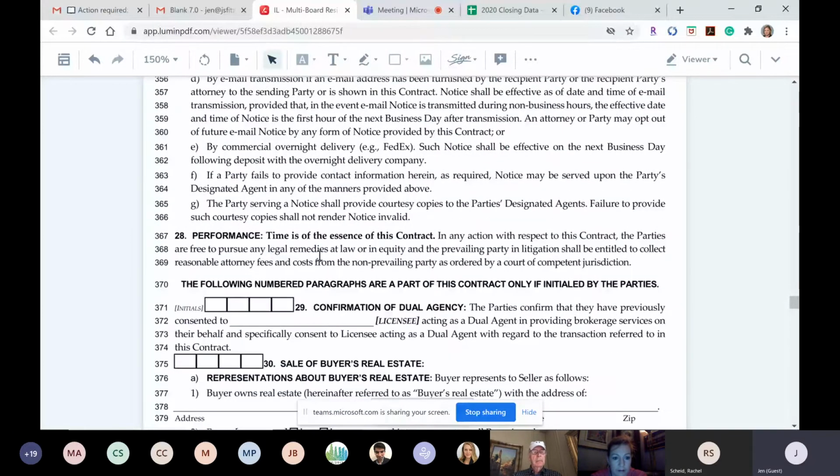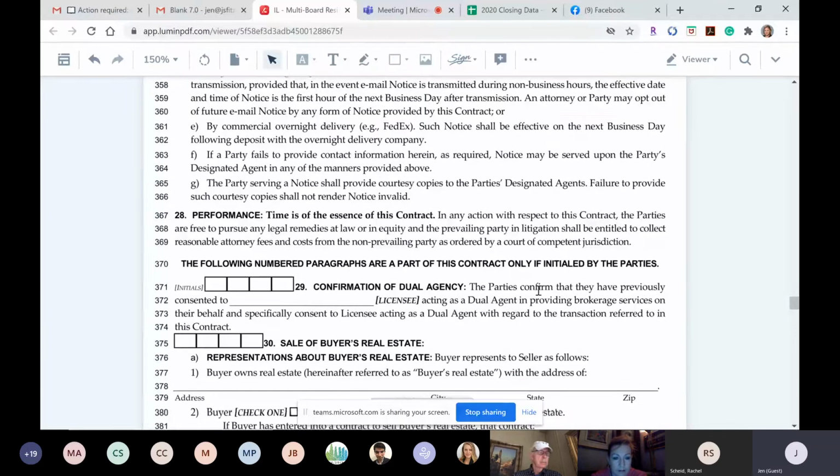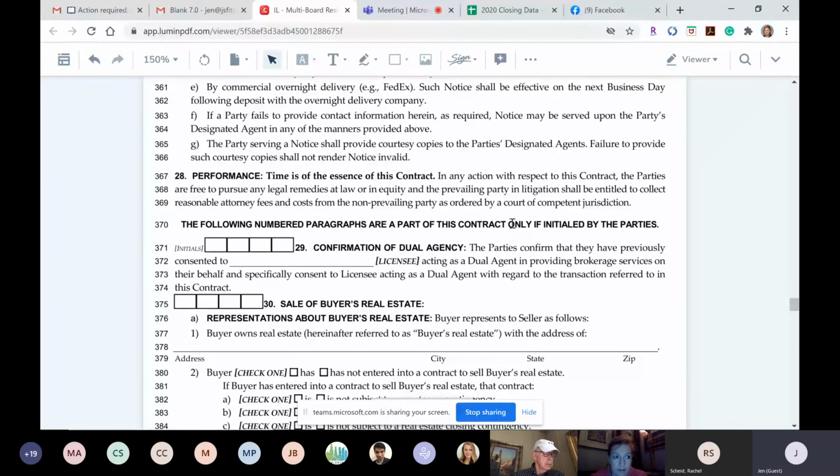And then here we get into the following number of paragraphs are part of this contract only if initialed by the parties. So I have seen a lot of people initial every single one of these just thinking they had to. They saw a box and they felt like they need to fill it. But you're really only doing this if it applies to our particular purchase, okay?